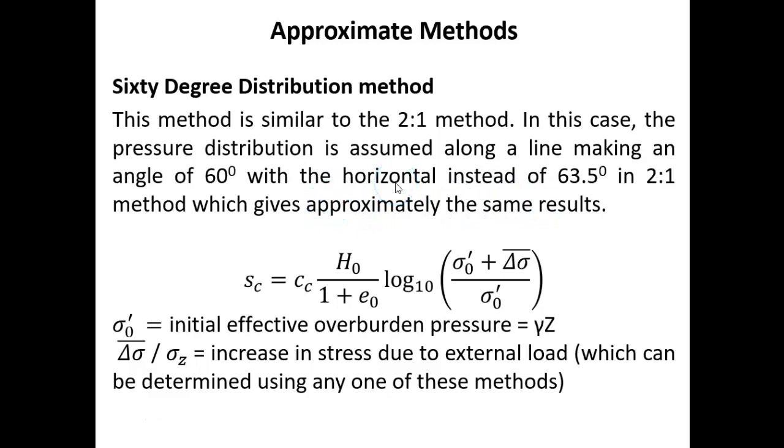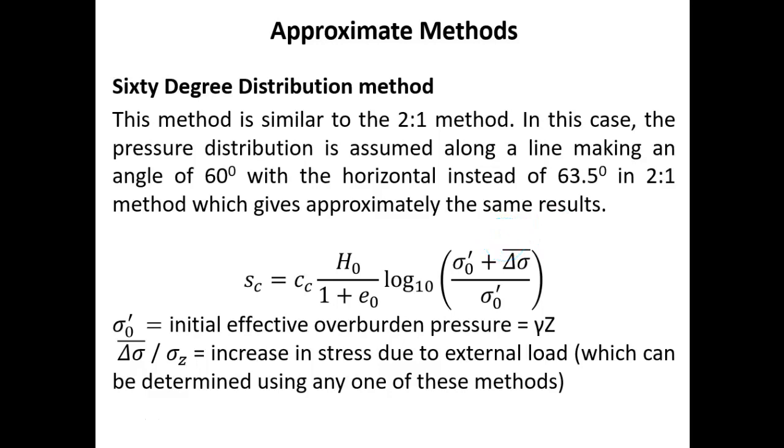Whereas in case of the 2:1 method, this angle will be around 63.5 degrees. So it is approximately the same as that of the 2:1 method. So these are all the various methods we will be using to estimate the increase in vertical stress at different depths under different shapes of footings.